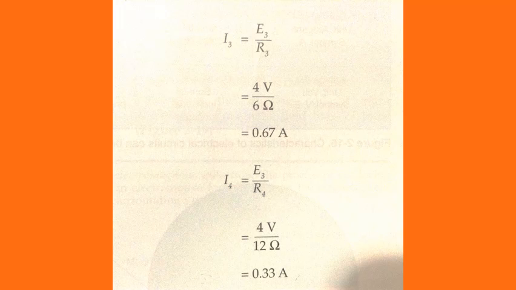This is verified by the fact that the total voltage is equal to the sum of the various voltages in a series circuit. All that remains is to find the portion of the total current, 1 ampere, that goes through each of the parallel resistors. Remember, EQ equals E3, which equals E4, which equals 4 volts in this instance.